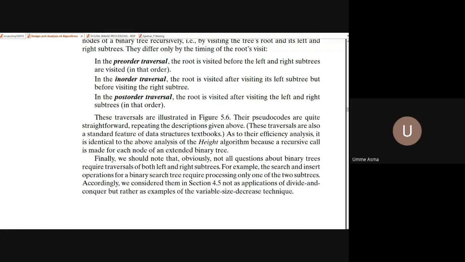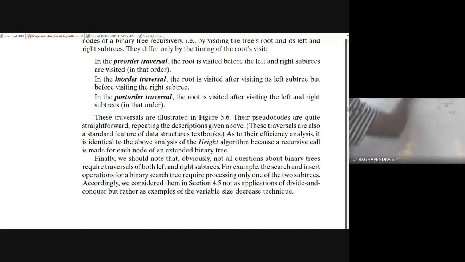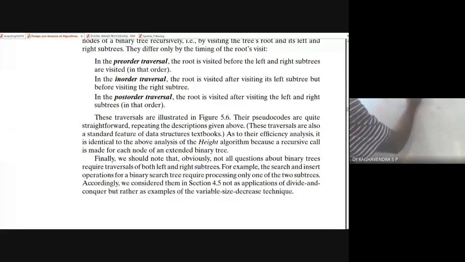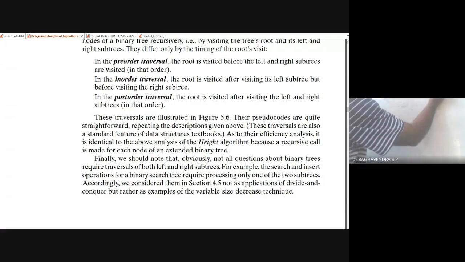Yes, sir. Is the board visible, or is it difficult to see? Visible, sir. Can you see this? Yes, sir.